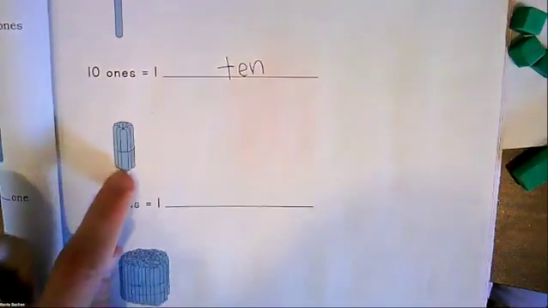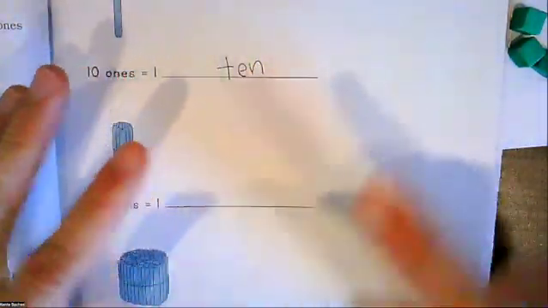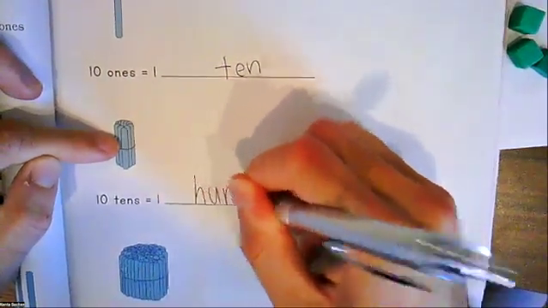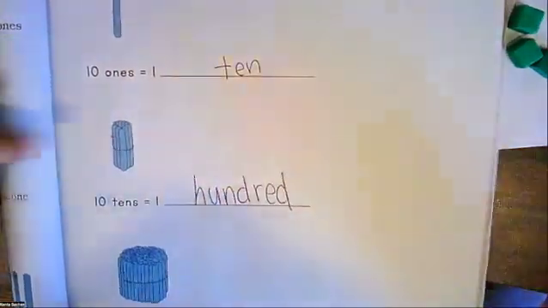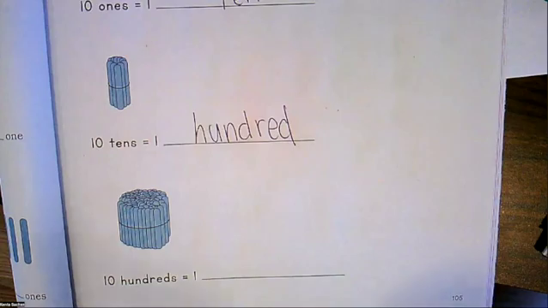How about if I have 10 of these 10 things? 10, 20, 30, 40, 50. If I have 10 of them, what is that equal to? 10, 20, 30, 40, 50, 60, 70, 80, 90. Well, it's 100. And lastly, now this one's a little bit tricky, right? 10 hundreds.